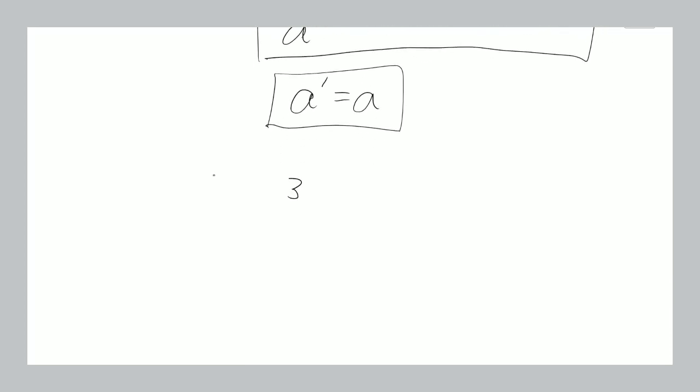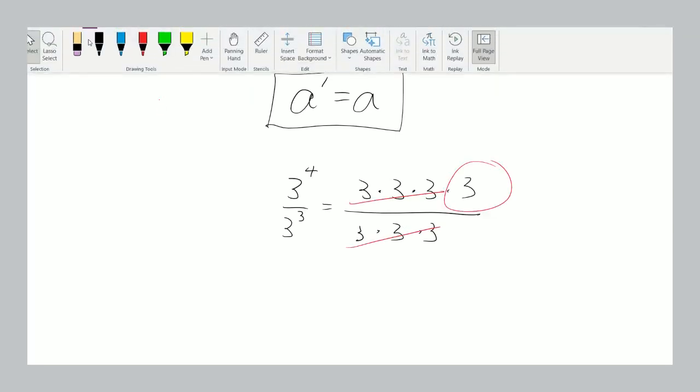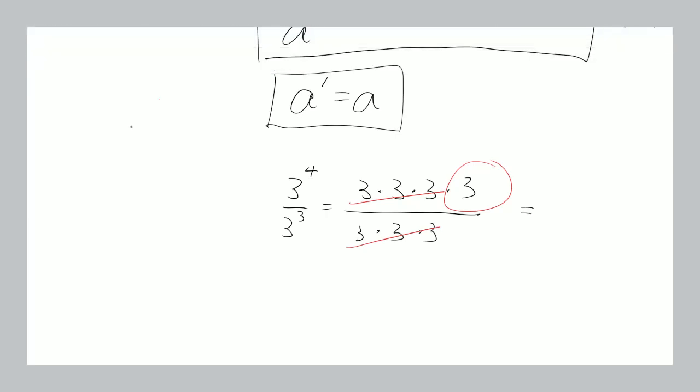If you have 3 to the power of 4 divided by 3 to the power of 3, 1, 2, 3, 4 divided by 1, 2, 3. You have your 3 3's cancel out, and there's 1 3 left. So it's just equal to 3.